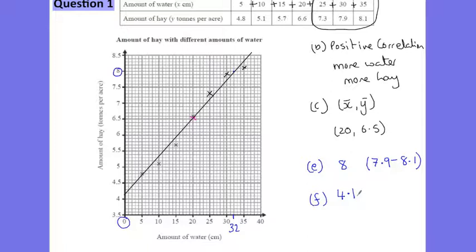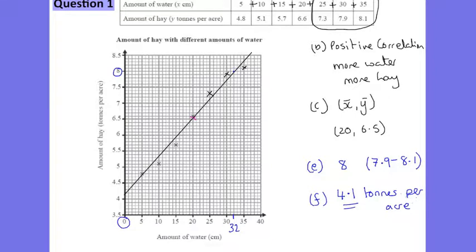We're asked to discuss this answer. This suggests that there is some words or sentences that you will want to associate with this answer. So first off, 0 water gives us 4.1 tonnes per acre. Now what is this?